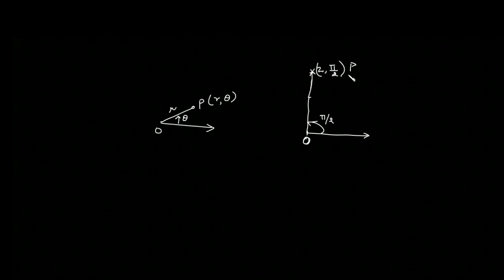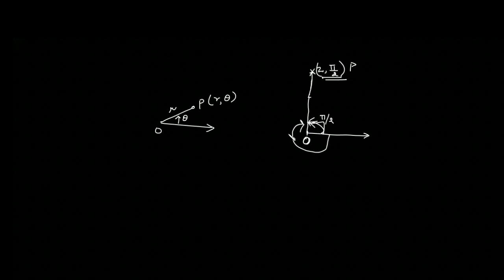So this is point P. After taking a turn of 90 degrees and after covering the distance of 2 steps, we will reach this point. This is one representation of the point P, but one can reach this point by moving through another angle. How much angle is this?